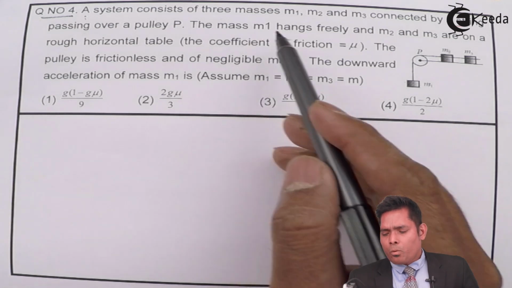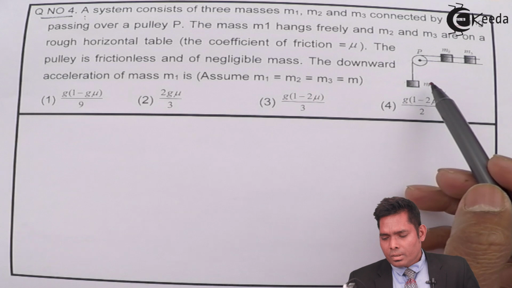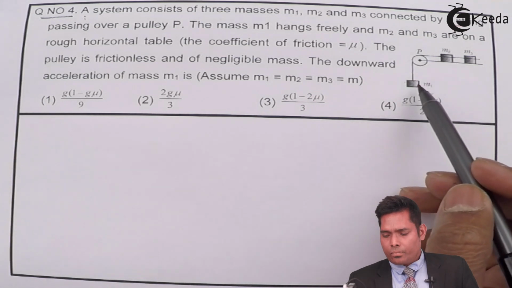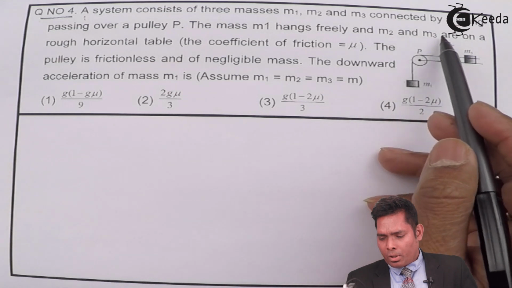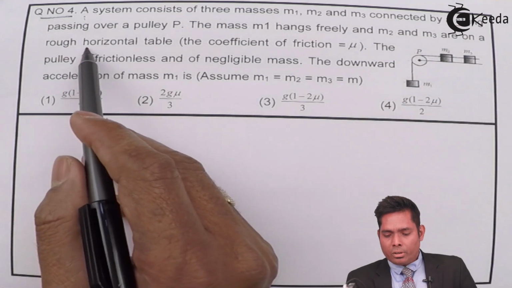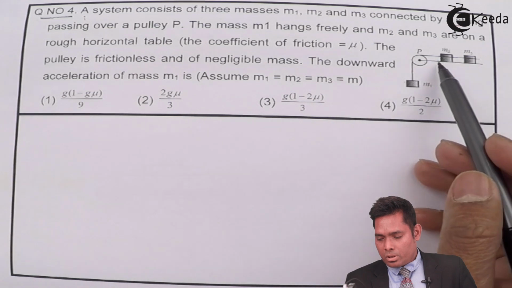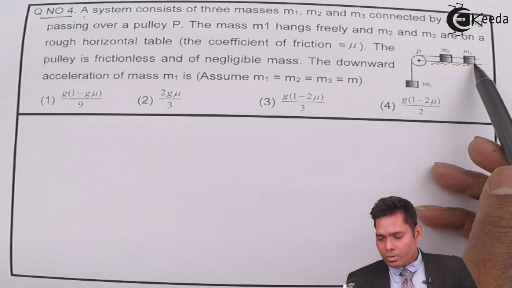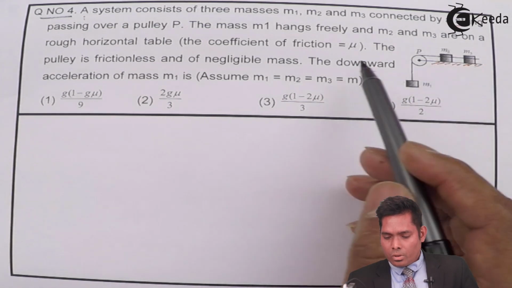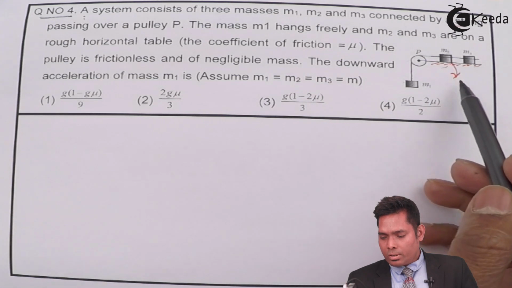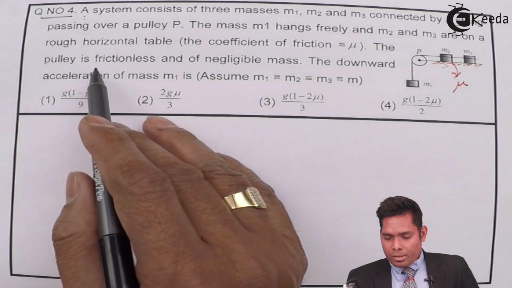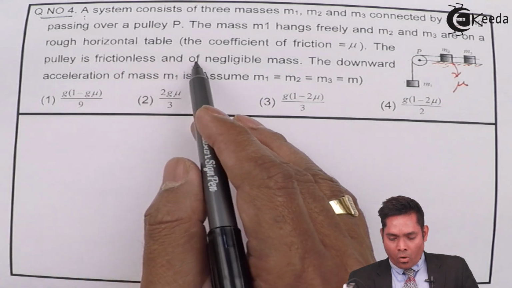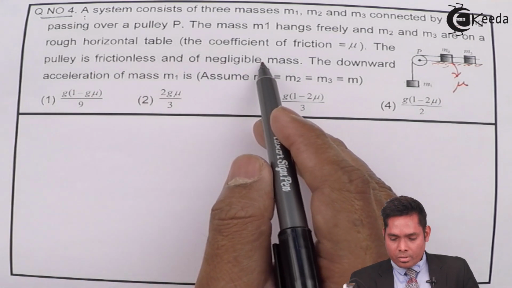The mass M1 hangs freely, and M2 and M3 are on the rough horizontal table. This is a table with friction, and the coefficient of friction is mu. The pulley is frictionless and of negligible mass.